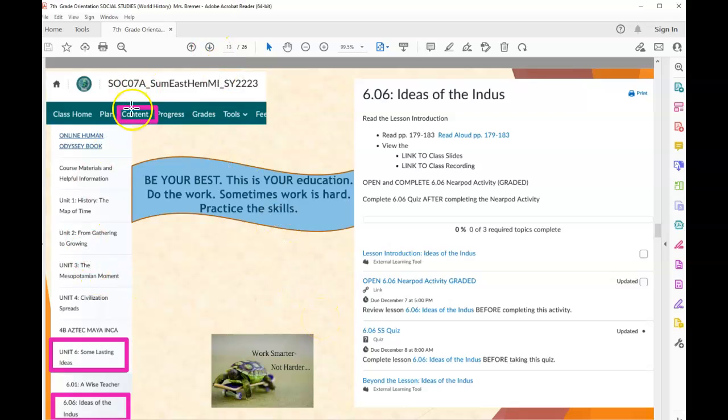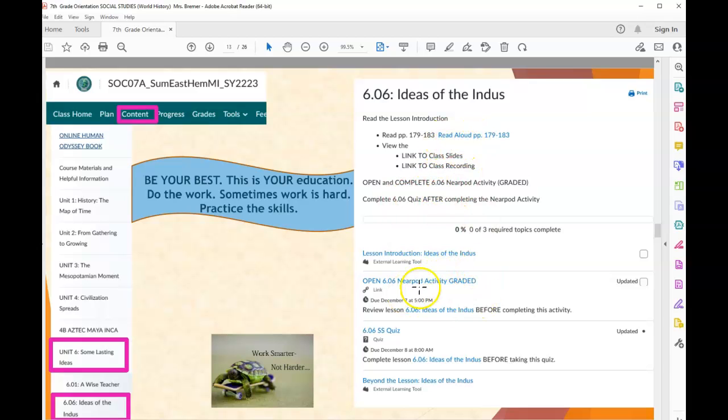All right, today's lesson is found in Content, Unit 6, Lesson 6. You're going to want to read the lesson introduction, read that to yourself, then go and do the reading, the read aloud, or there's a read aloud right here. All of these class slides and this recording are right here. Okay, so you can click on those.